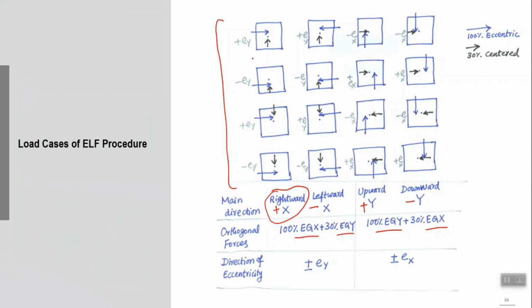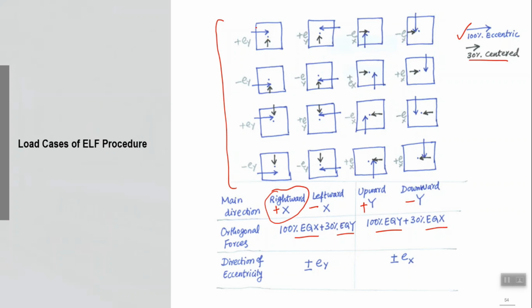So, these are 16. For example, your x direction force is 100% and y is 30%, right. So, a longer arrow in blue color is showing 100% eccentric force and 30% centered force, which means it is applied with no eccentricity.